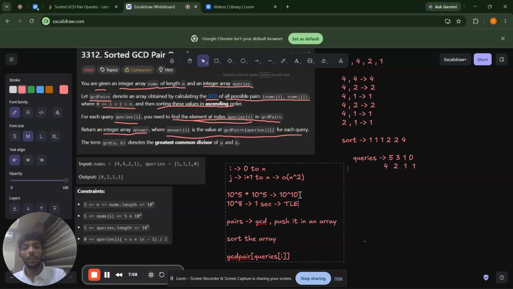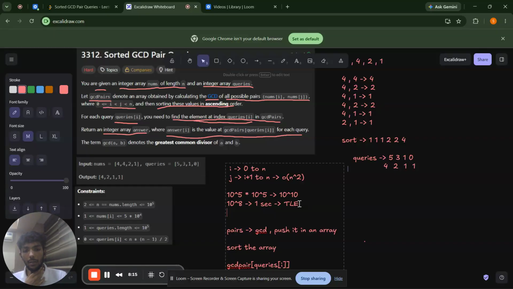So we are taking 100 seconds, 100 into 10 power 8, which is far beyond TLE. So we now have only these options: either we go for n log n, or log n, or constant space. We have three options, my bad.